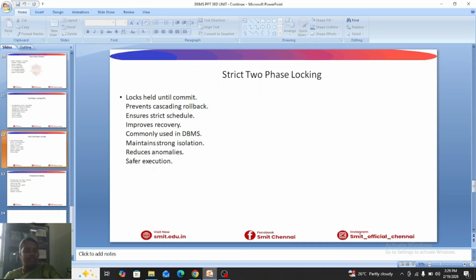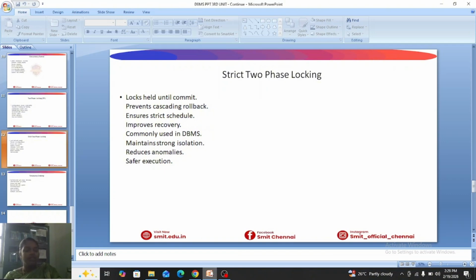Locks held until commit. Prevents cascading rollback. Ensures strict schedule. Improves recovery. Commonly used in DBMS. Maintains strong isolation. Reduces anomalies. Safer execution. It is also a concurrency control protocol in which a transaction follows two-phase locking and releases all exclusive locks only after commit or abort.